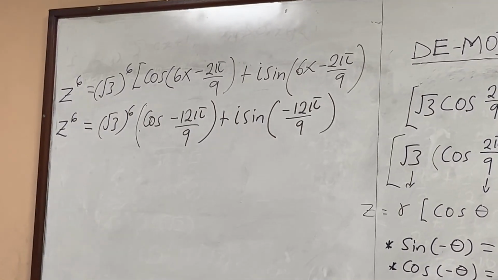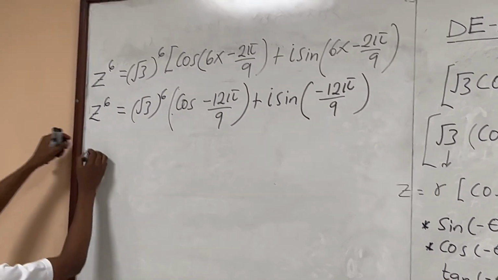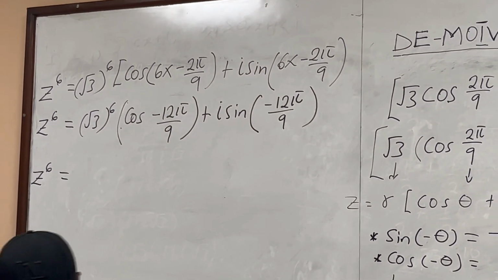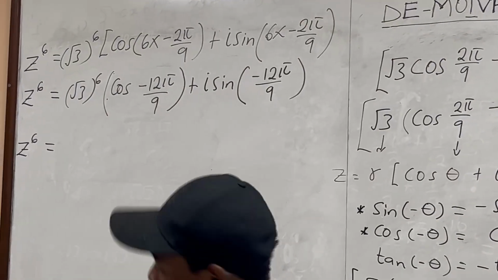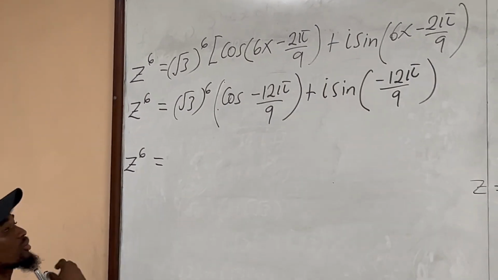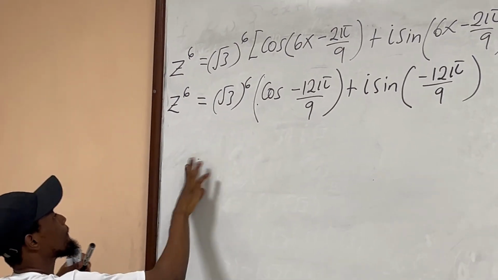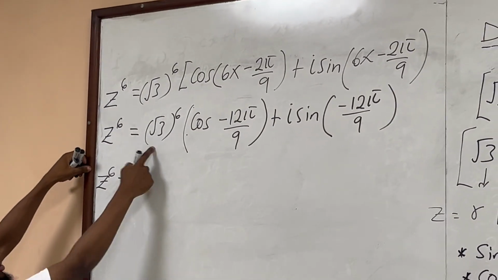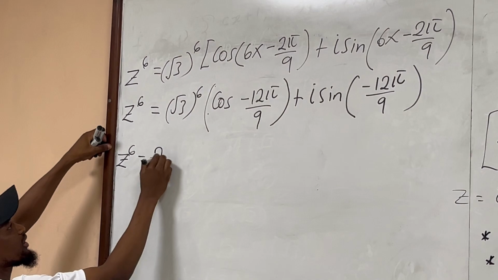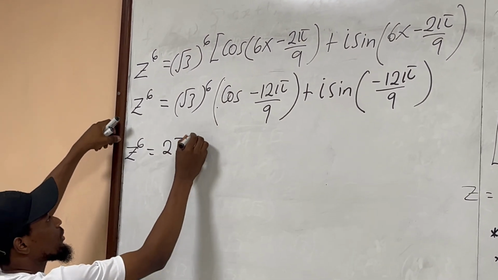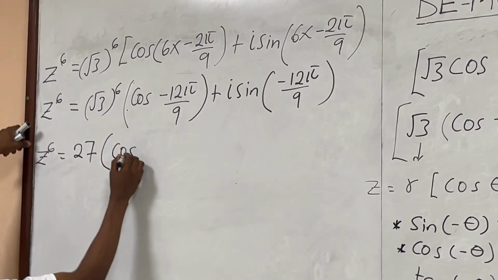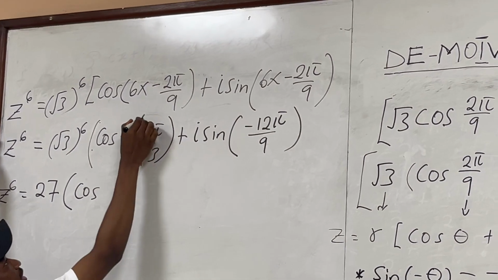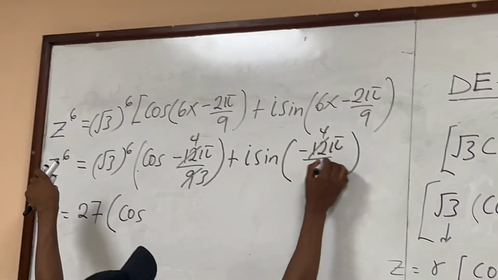Okay, so z exponent 6 is equal to 27, then we have cos. 3 goes into here, 3 divides here 4, so 4, then 3.